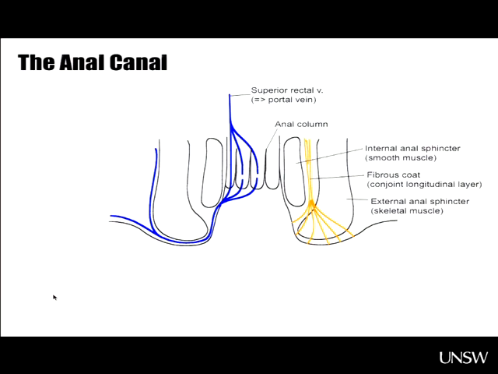The lower veins drain towards systemic veins, in other words, tributaries of the inferior vena cava. And where they meet in that little anal sinus we talked about, they've got various plexuses. There's one within the anal sinuses, just above the anal valves. So an internal rectal venous plexus and an external one.